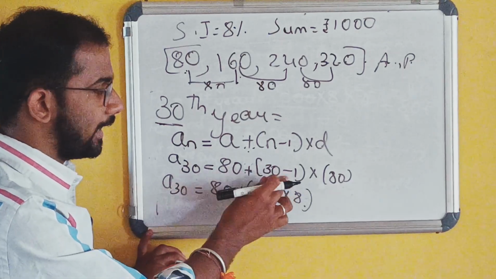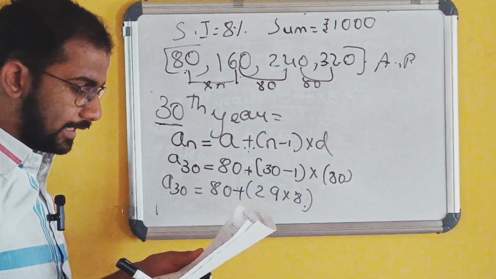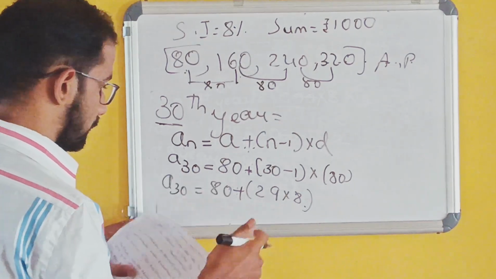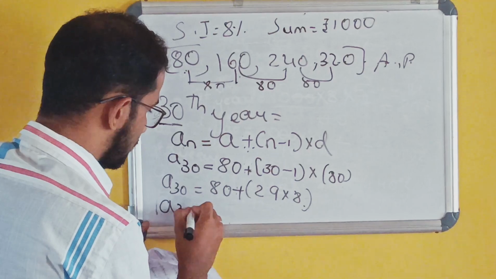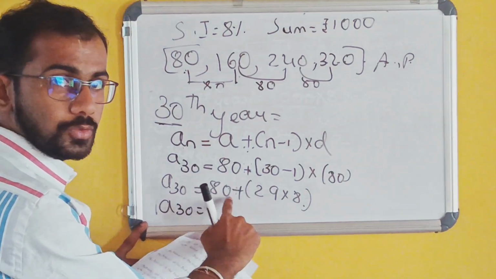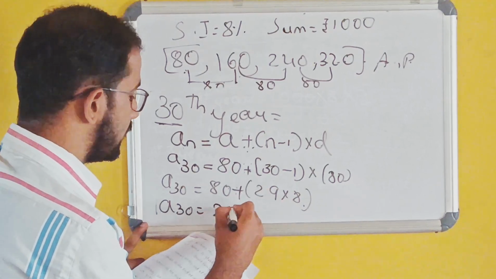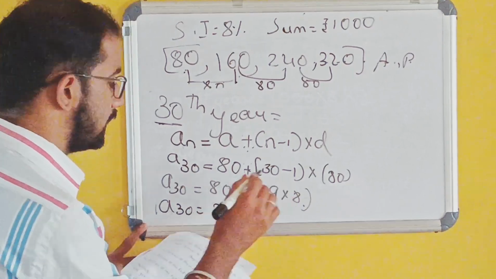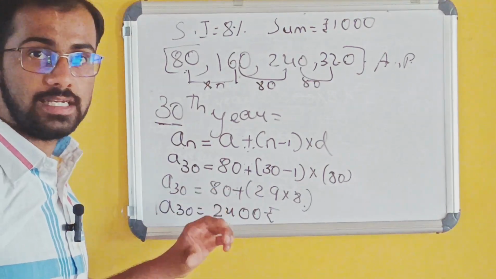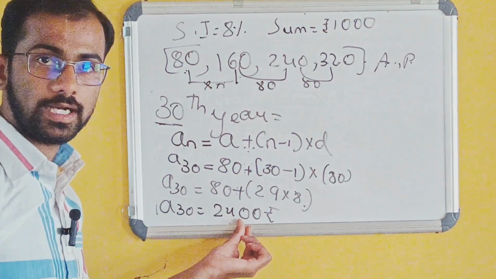This is 30 minus 1, that is 29, and this is 80. Now if you simplify these two terms, you will get 2400 rupees. At 30th year, he will get the simple interest of amount 2400.